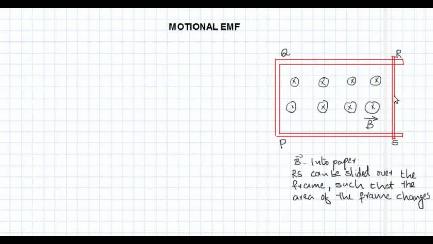That means when the side RS is slided along this frame, the area of this frame will change. RS can be slided over the frame such that the area of the frame changes.